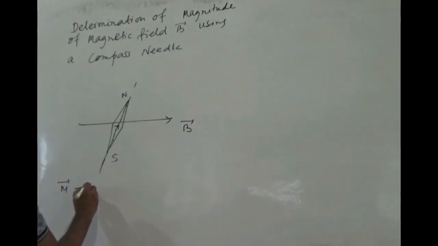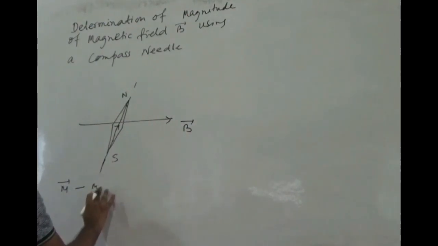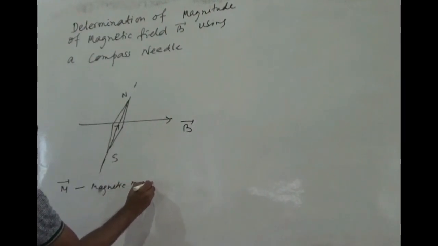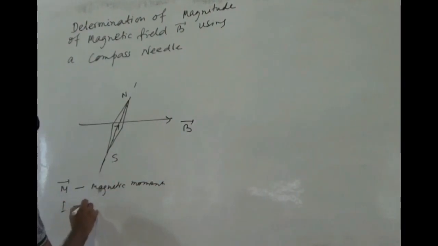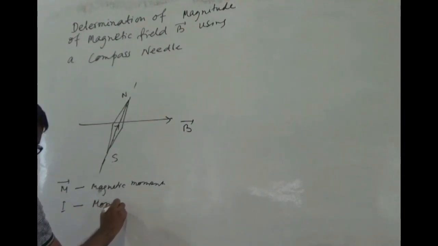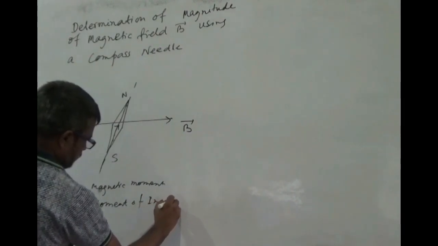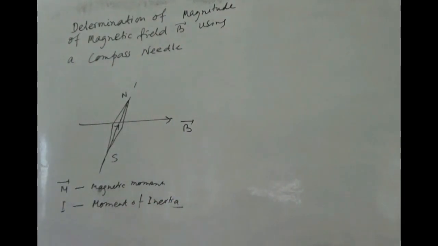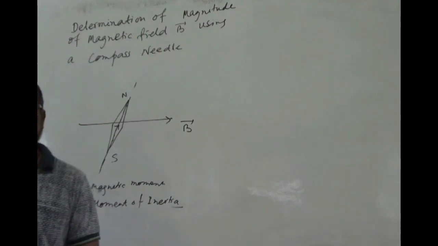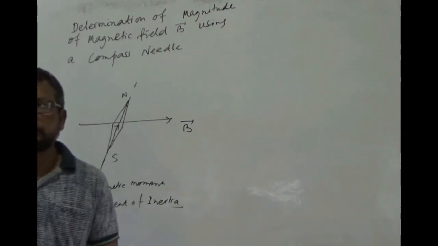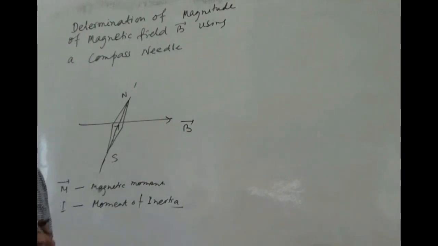Capital M is the magnetic moment of the needle and I is the moment of inertia of the magnetic needle. Now this needle will experience a torque, which makes it oscillate.